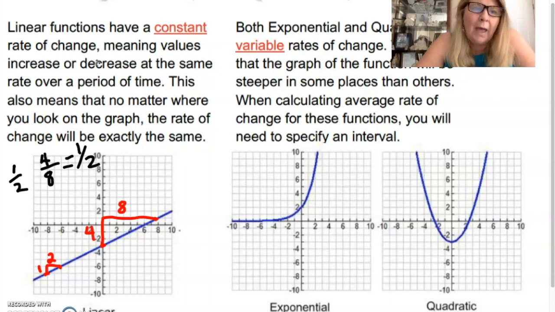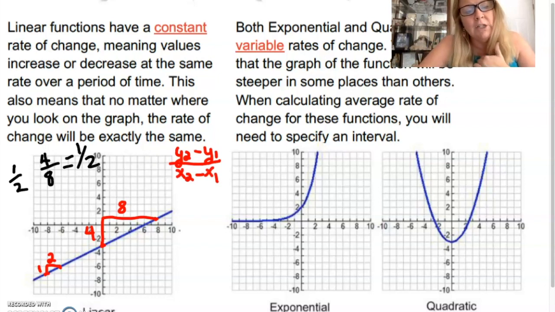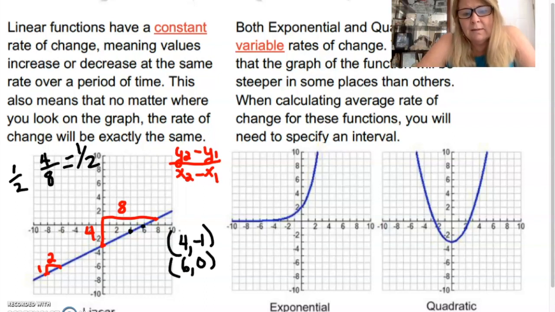So let's go back and review. If you have 2 points on a line, how do you find your slope or your rate of change? It's the change in the y's over the change in the x's. So let's pick 2 points on my linear graph. Let's say the point 4, -1, and another point, 6, 0.